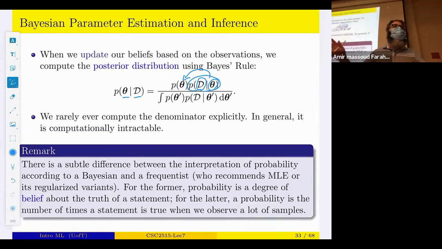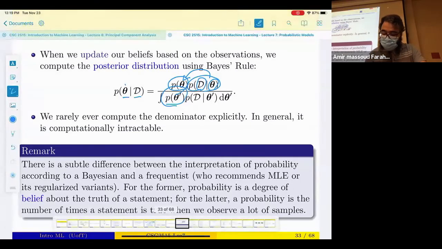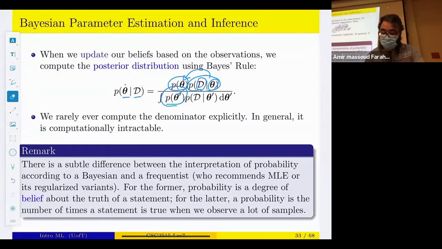Of course theta can take different values, so for different thetas we have different priors. And for normalization, we have the same thing as before, but now an integration over theta prime. I use theta prime to denote that it is different from the theta here. So the normalizing factor would be the integral of P of theta prime times P of D given theta prime.